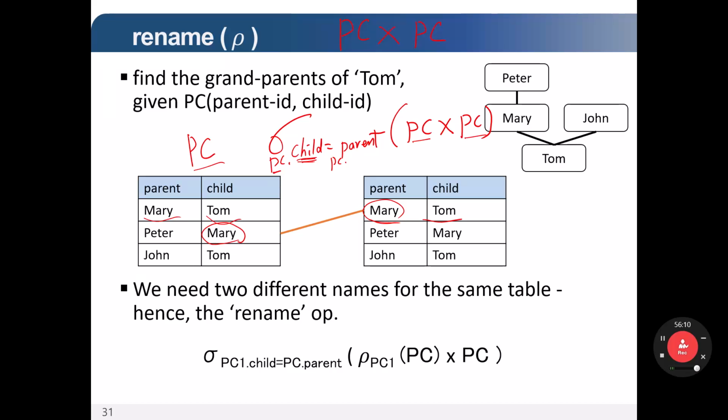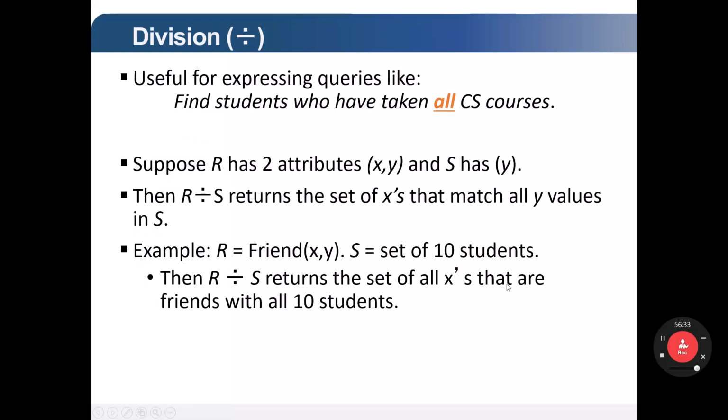Is this the left PC or the right PC? So to avoid this kind of confusion, sometimes we need to use this rename operator. After renaming, you can specify that this child is for the left PC and this parent is for the right PC. Okay. Next operator, division.